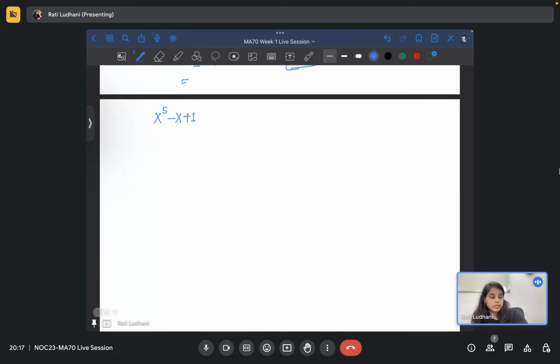Now you have more problems, because it could factor into linear and quartic, or it could factor into quadratic and cubic, right? We can eliminate the first case by checking whether a linear factor is there, so checking the roots.